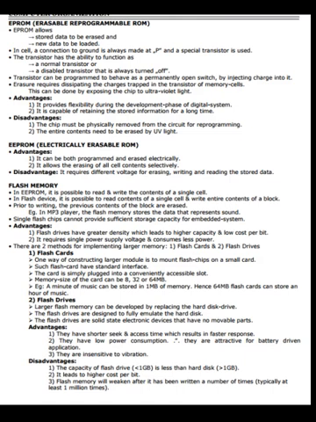Advantages: flash drives have greater density, which leads to higher capacity and low cost per bit. It requires a single power supply voltage and consumes less power. There are two methods of implementing larger memory: flash cards and flash drives. Flash cards. One way of constructing a larger module is to mount flash chips on a small card.